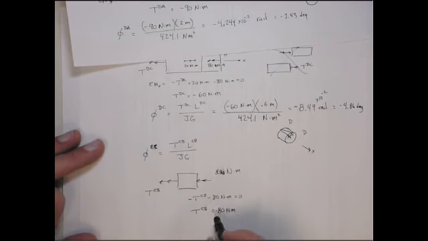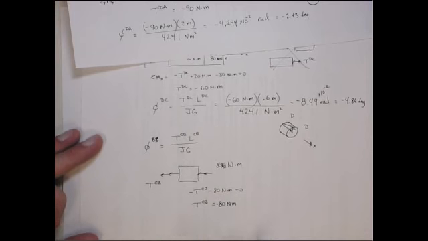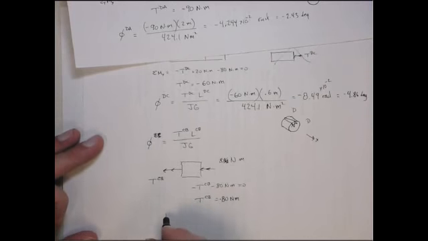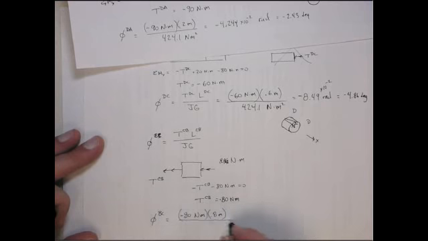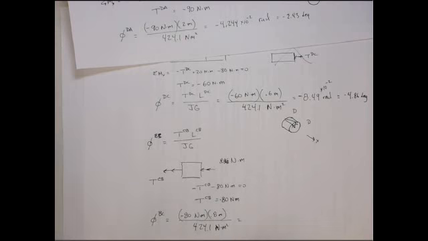So, again, we have a minus sign here, so the twist is also going to be minus, all right? So now the twist from B relative to C is the minus 80 Newton meters. The length is 0.8 meters. And then the JG is the 424.1 Newton meters squared. And so that gives me 80 times 0.8 divided by 424.1.